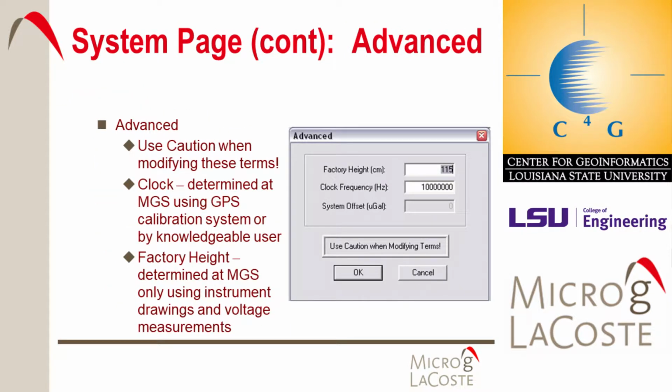Under advanced on the system page, it's hidden back behind here, there's a pop-up window that you can adjust your factory height. Those are the numbers that don't change. That was the B and D in the schematic the other day.